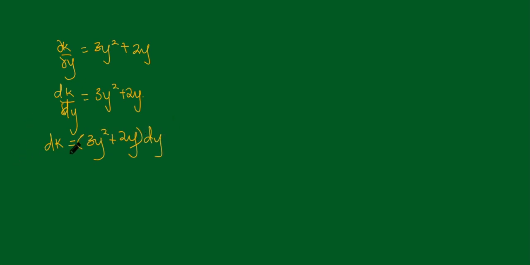We can then integrate both sides, dk equal to the integral of 3y squared plus 2y with respect to y. So this becomes y cubed plus y squared plus c. Let's call this c asterisk. c asterisk is also a constant, by the way.